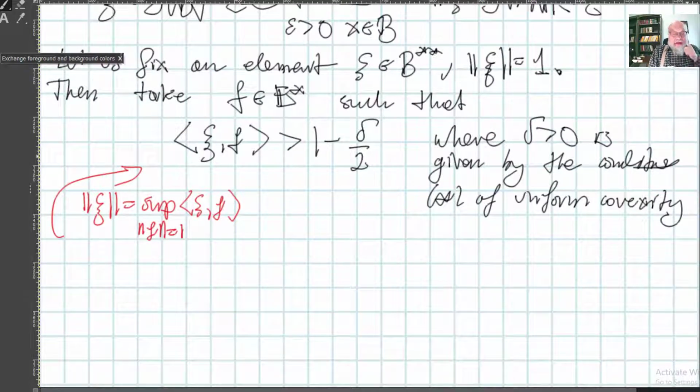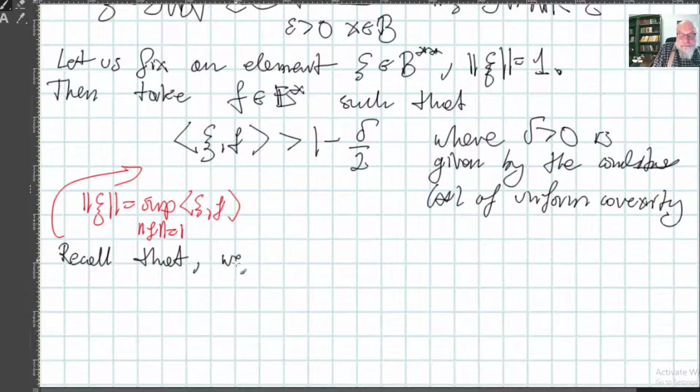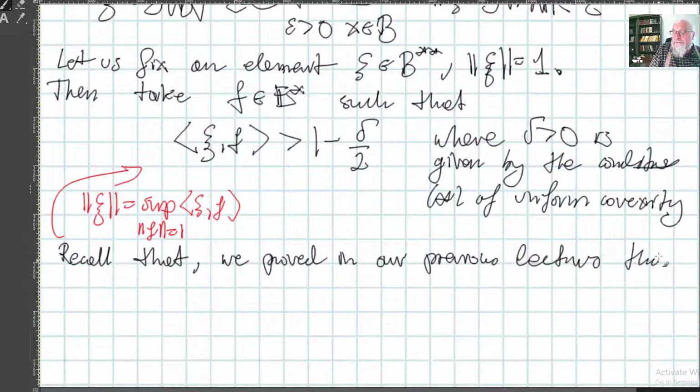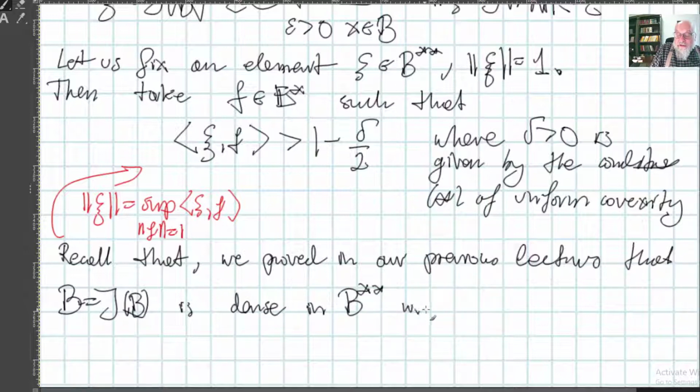Recall that we proved in our previous lectures that the set J of B is dense in B double star with respect to the weak star topology.